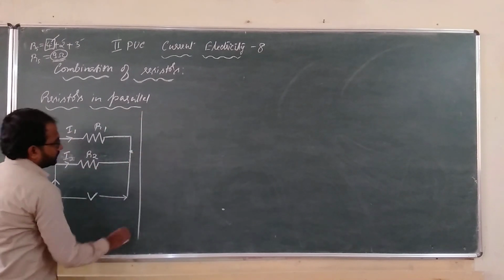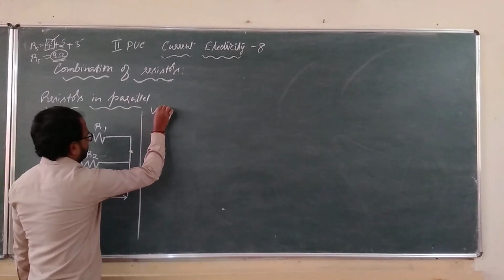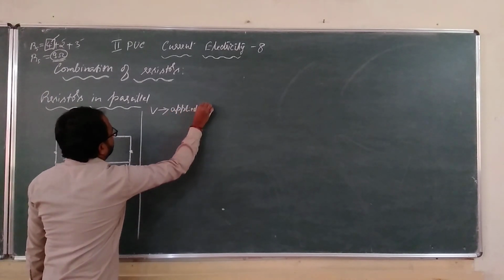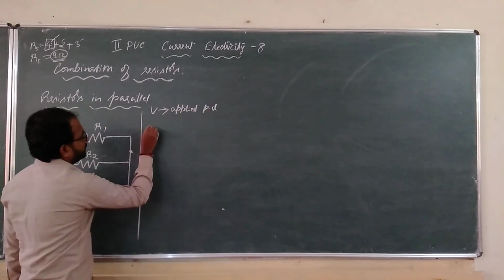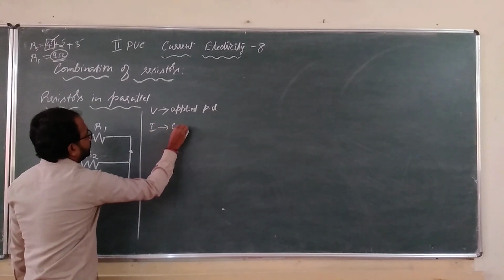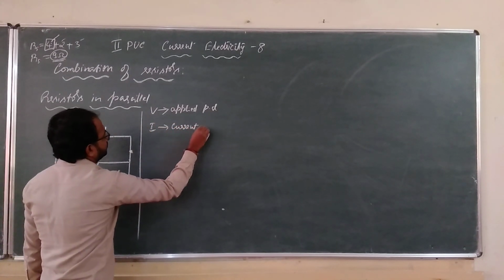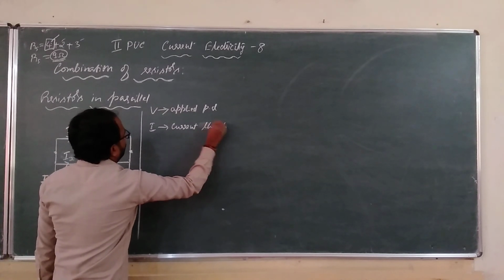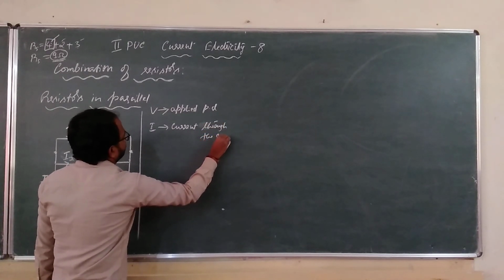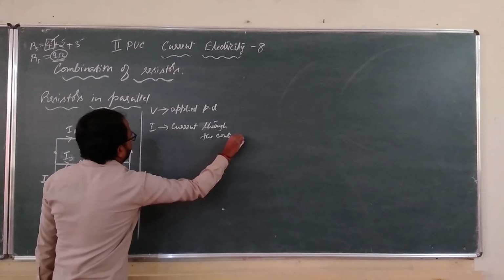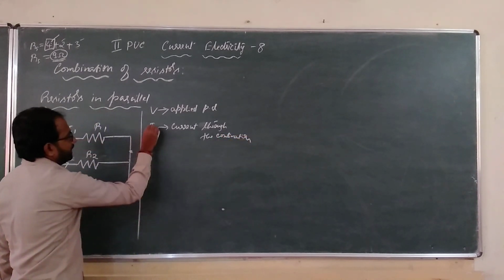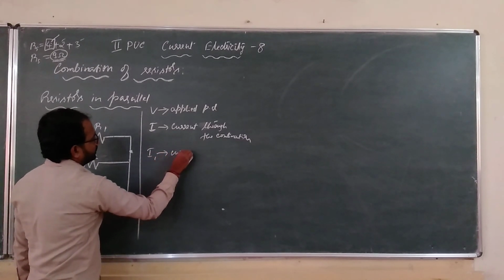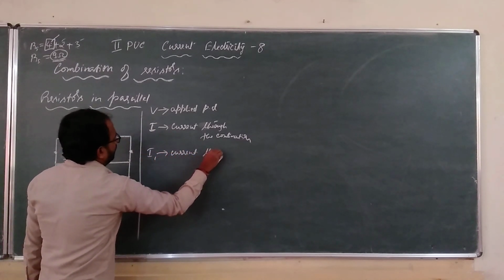So V is the applied potential difference across the combination, and I is the current flowing through the combination, that is the main current, the net current. I1 is the current flowing through R1.